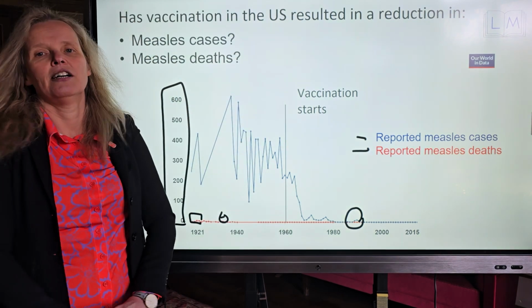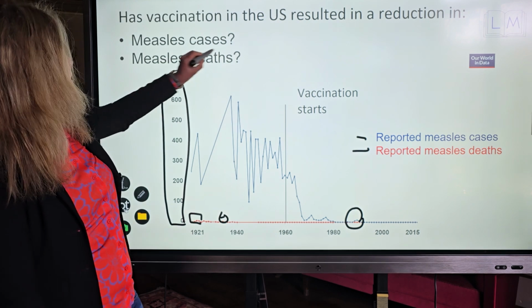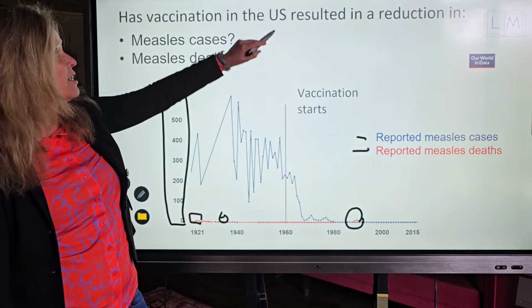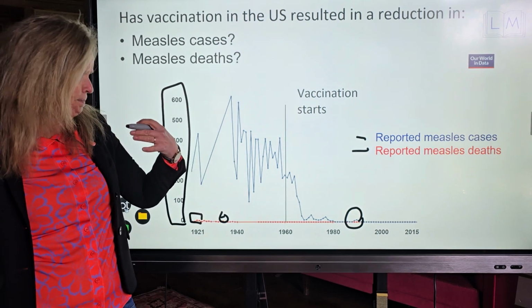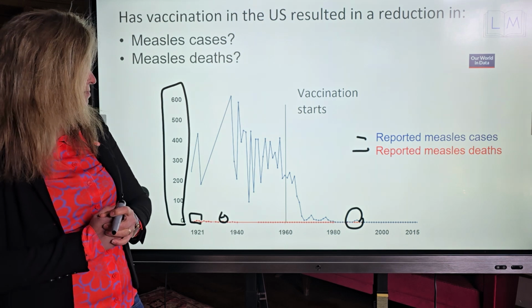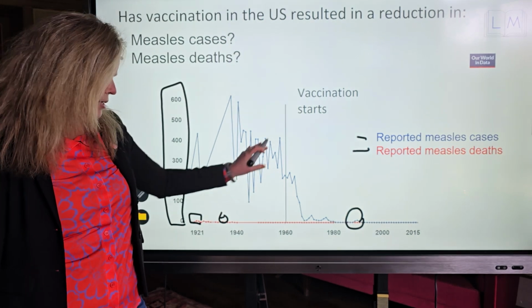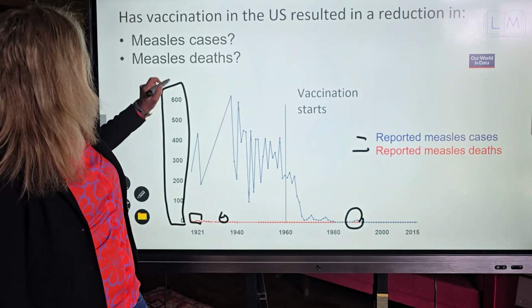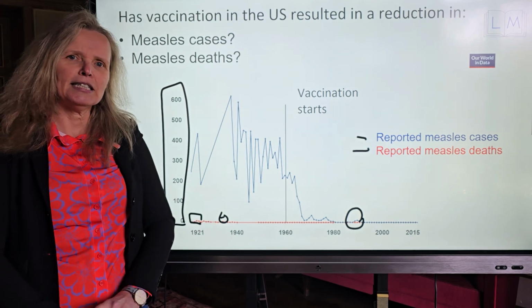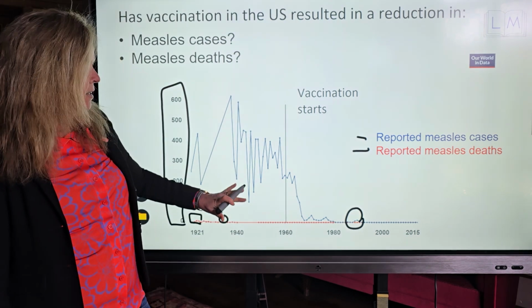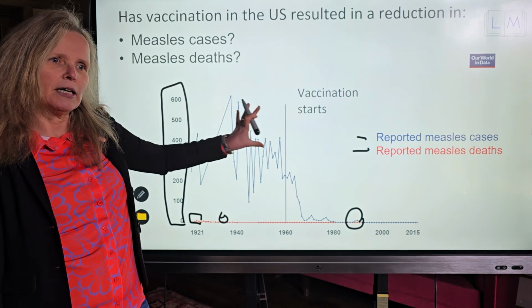Based on this, what will be the answer on has vaccination in the US resulted in a reduction in measles cases? I would say yes. The measles cases have gone down. Measles death? I think the answer would be no. So always be very wary.